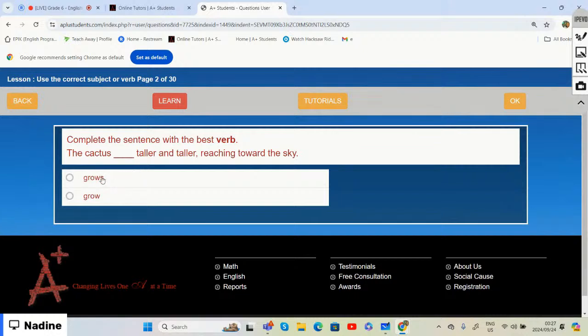The cactus, one cactus. Do we say grows or grow, taller and taller, reaching towards the sky? So the cactus, one cactus. Do we say option one, it grows, or option two, it grow, taller and taller, reaching towards the sky?